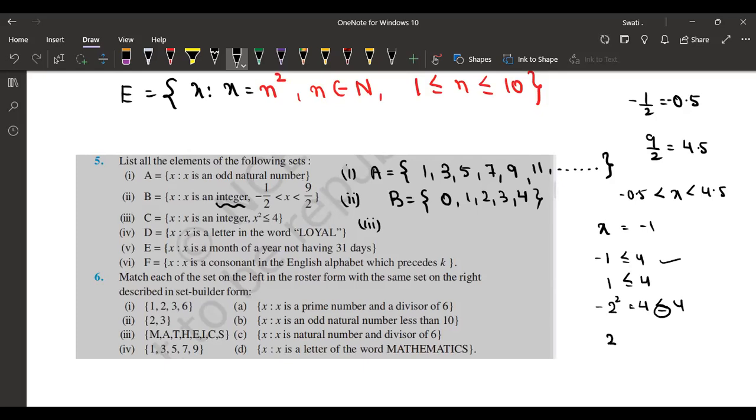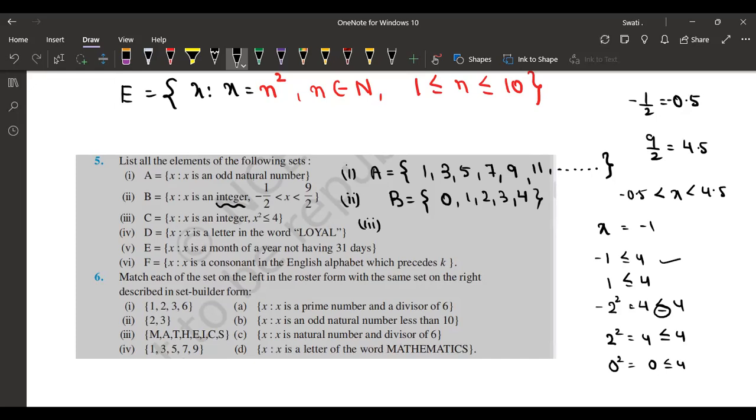Next, let's put 2. 2 square is also 4, so this is also satisfying. 0 also, because 0 square is going to be 0 only, and 0 is less than or equal to 4. So 0 will also satisfy. But in 0, we do not have any plus minus because 0 is a neutral number. So just one 0.